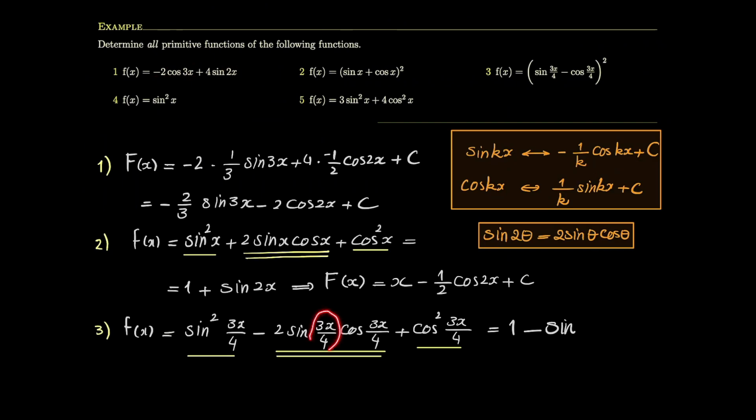So I multiply this angle by 2, it becomes 3x over 2. But I interpret it in my head as 3 over 2 times x because I want to give the role of k to this guy. So it is preferable to write it as 3 over 2 x in front. Yes? And now everything is ready.